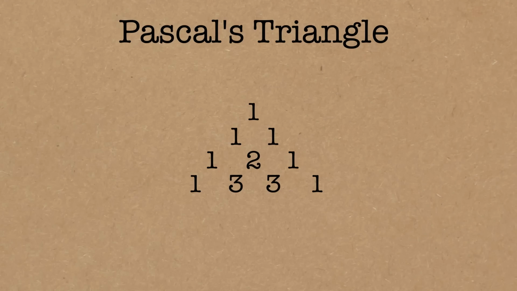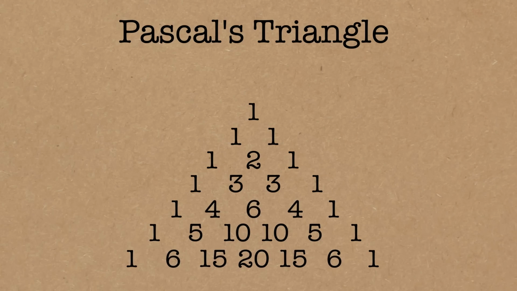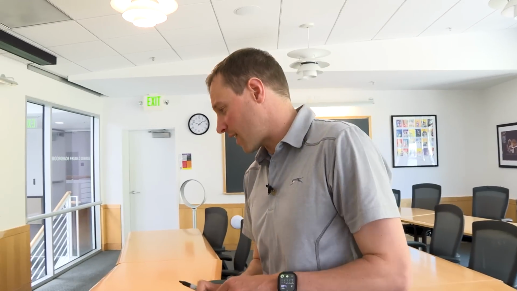So if I keep doing this, and I'll write a few more rows down, I could keep going if you wanted. This is the little hack that's going to tell me exactly what to do. So you want to figure out what a plus b to some number is. I just go to my triangle, and that tells me what the coefficients are, and I just write the expansion down, decreasing the power of a one by one, right?